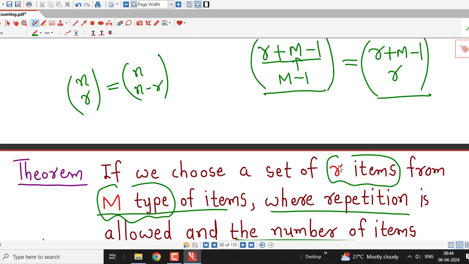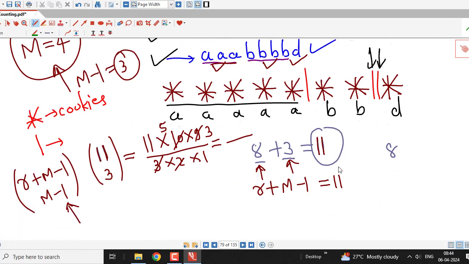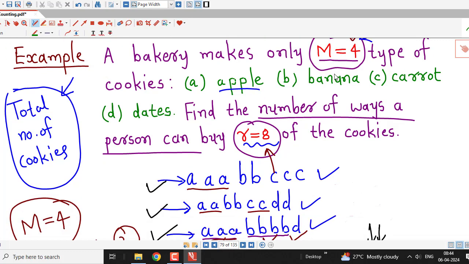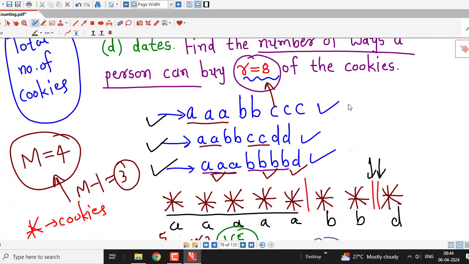So for this problem, our answer is going to be, we can multiply 55 or 33 into 5, that is 15, and 165. So there are 165 ways a person can buy r equal to 8 cookies of m equal to 4 types. It is not possible to list 165 ways.